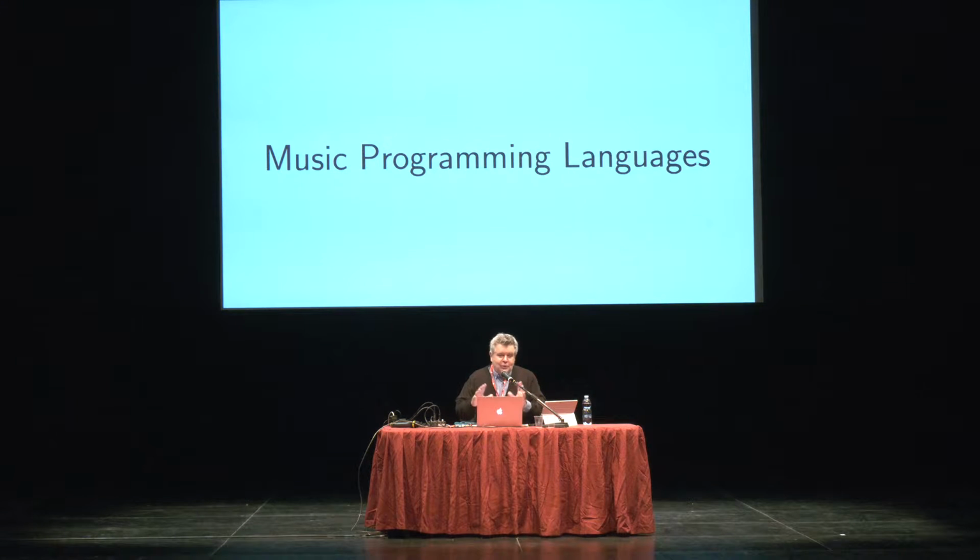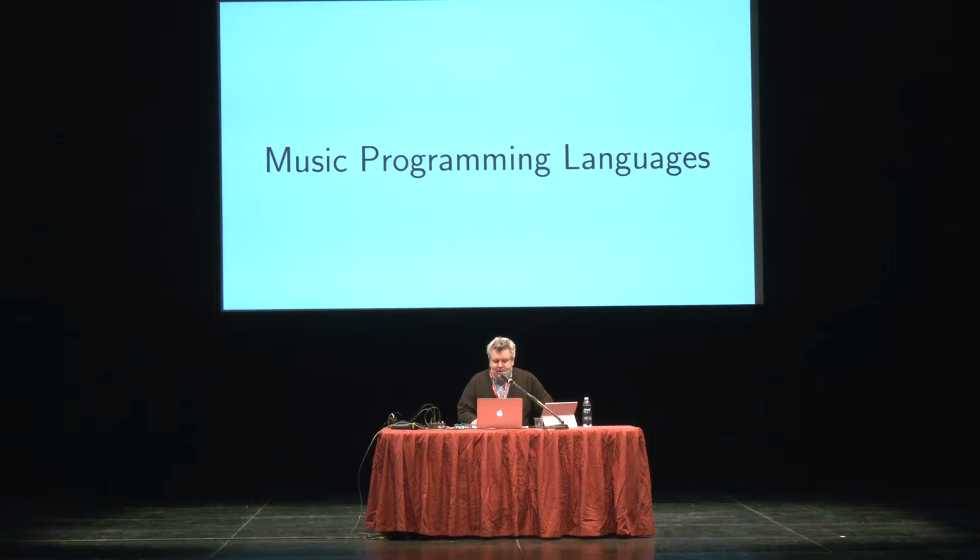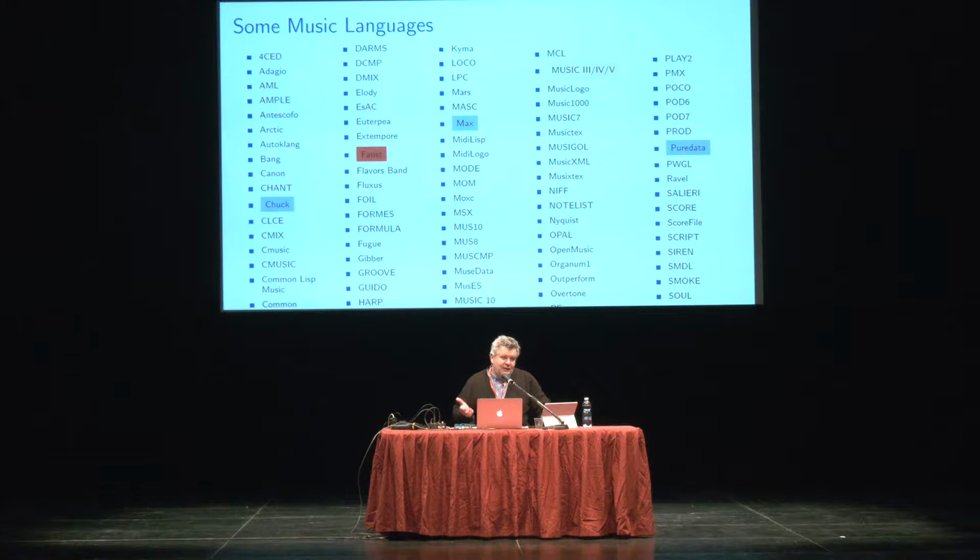So now that we know what a computer and a programming language are, let's give a little bit of background about music programming languages. Here is a non-exhaustive list of music programming languages. Among the oldest ones are the Music 3, 4, 5 programming languages.